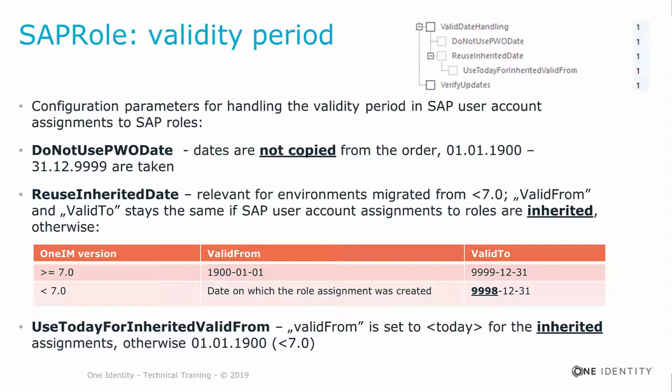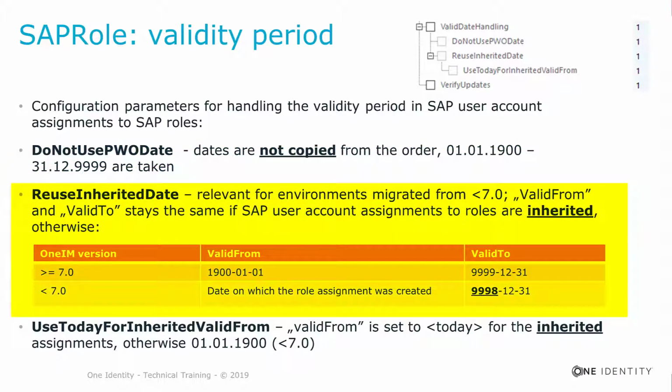If the configuration parameter do not use PWO date is not set, dates are not copied from the order, but the min date value, 1st of January 1900, will be set, and the date max value will be taken as well.